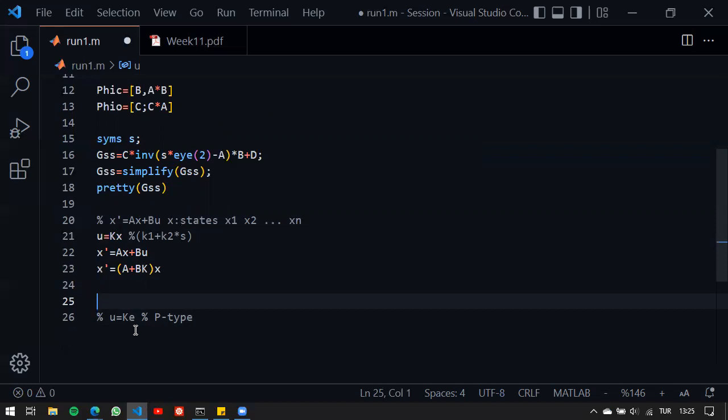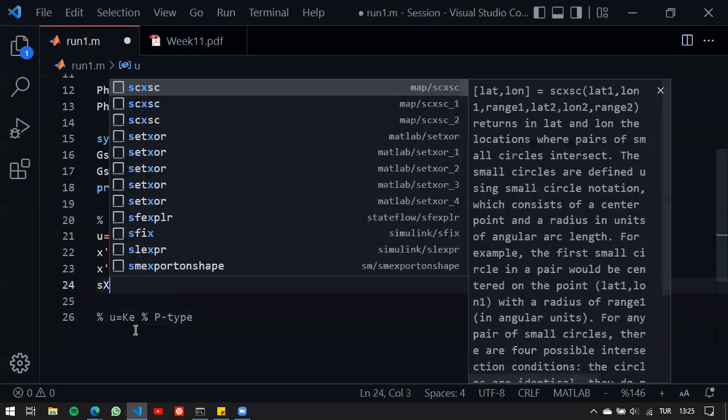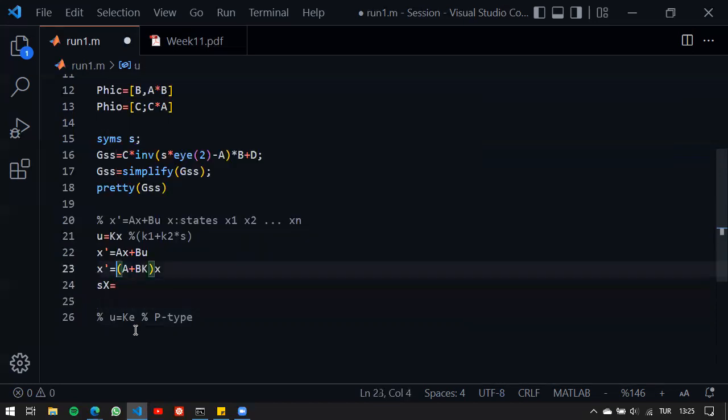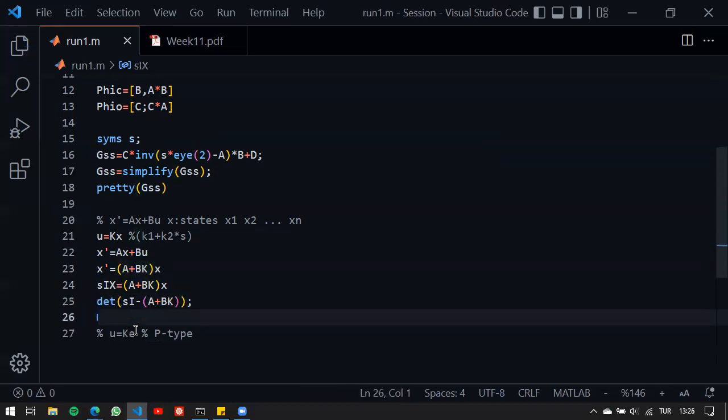If I wanted to get the corresponding transfer function, I could do that, because s times x would equal this (A plus BK) times x. And then again, this would be sI minus A, and I would take the inverse. But you'll see that it would be the following determinant that I should be interested in if I want to calculate the characteristic polynomial.